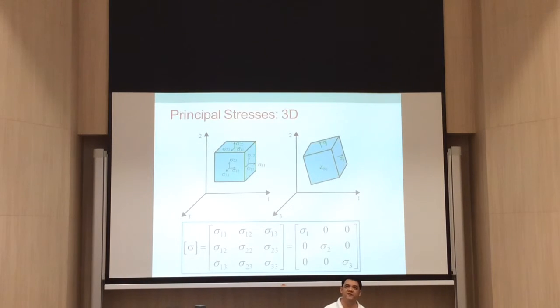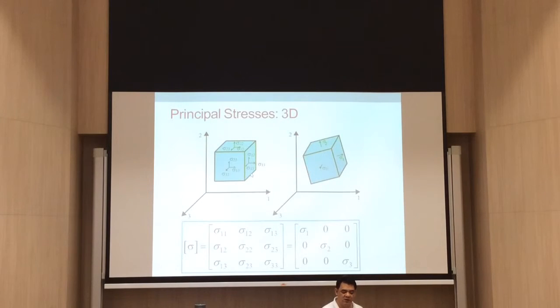So what we will learn first is how to transform the different stresses in such a way that we will be able to get the principal stresses, sigma 1, sigma 2, and sigma 3. As you can see here, we have stresses acting on each face of this 3D element. There will be 2 shear and 1 normal for each face.